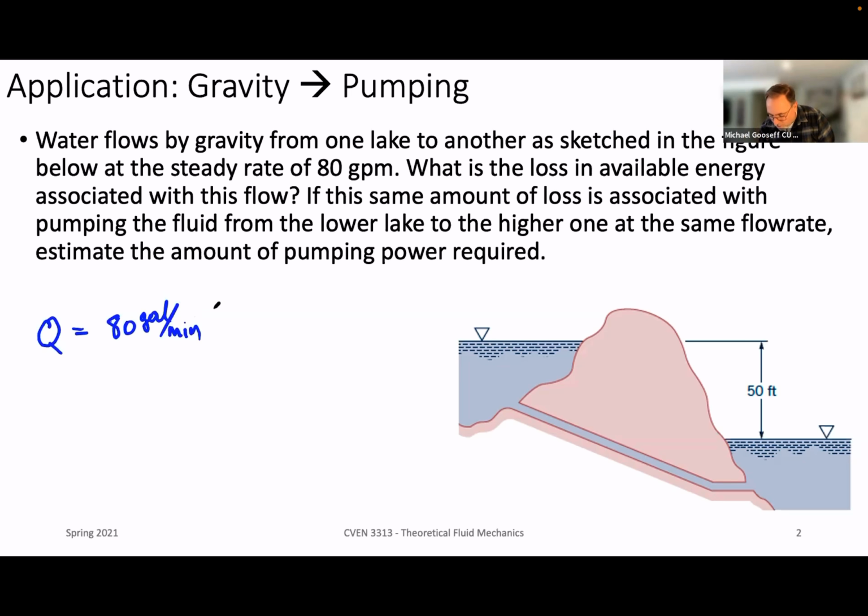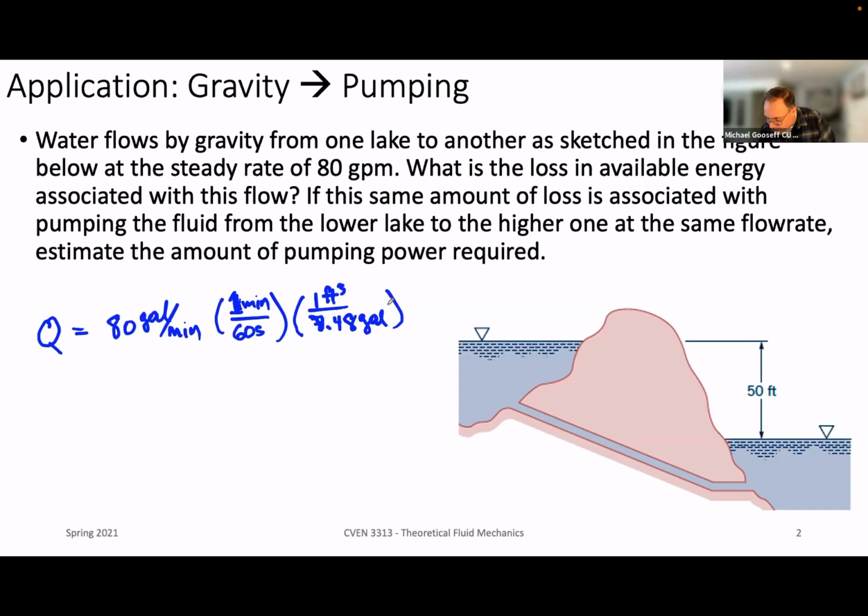So we multiply by 1 minute per 60 seconds, and then we also multiply by 1 cubic foot per 7.48 gallons.